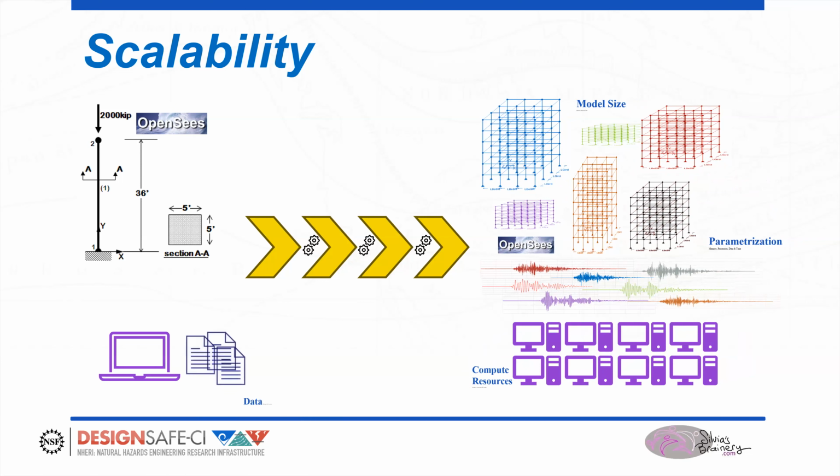Now, of course, we were talking about just the model itself, but the other thing you need to take into account is data. Even my cantilever column that's elastic has one file for all the nodal reactions, one file for nodal displacement, and another file for maybe some section forces and deformations.